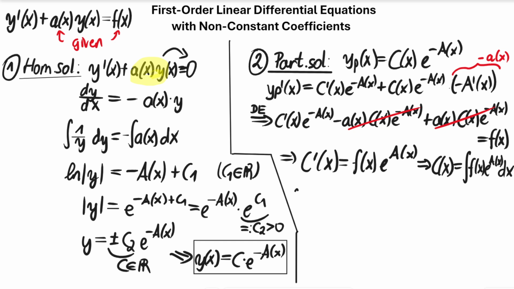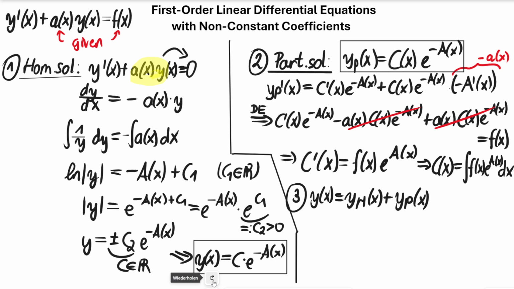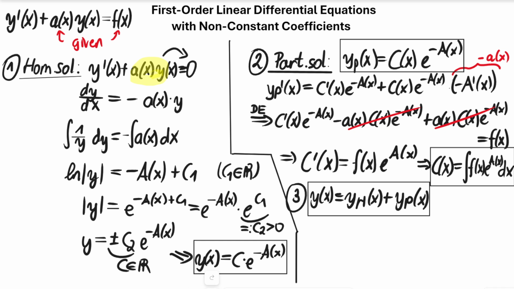Third step. The general solution is the homogeneous one plus the particular solution. So we require the particular solution ansatz, its corresponding constant, and then the summation.